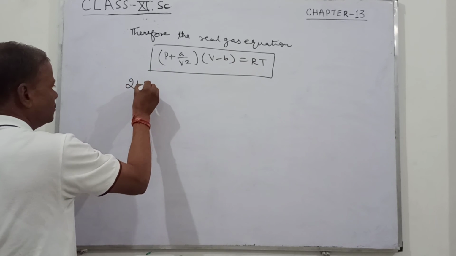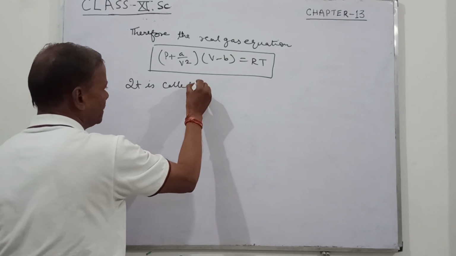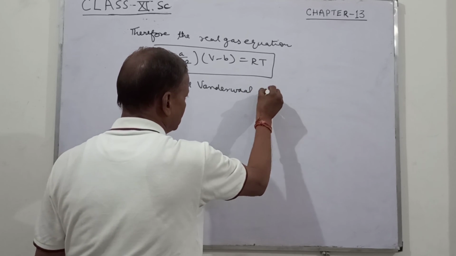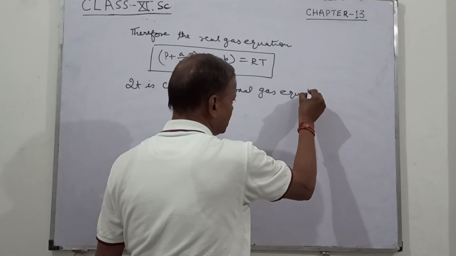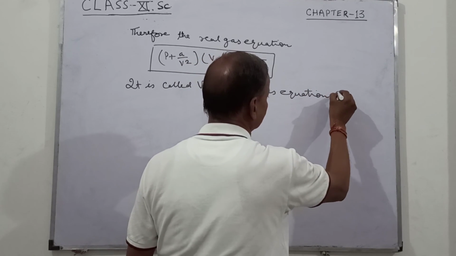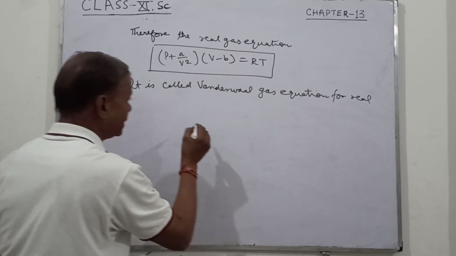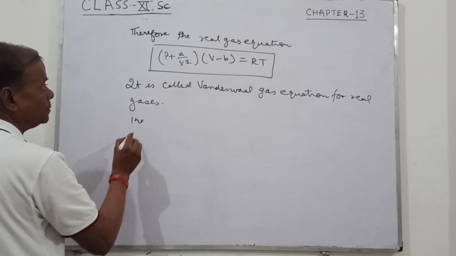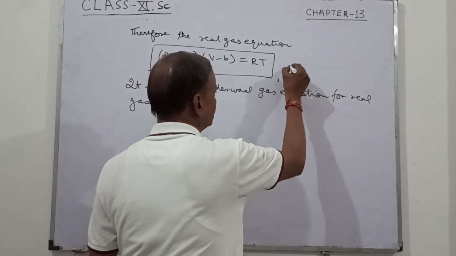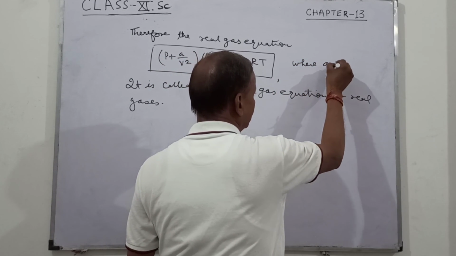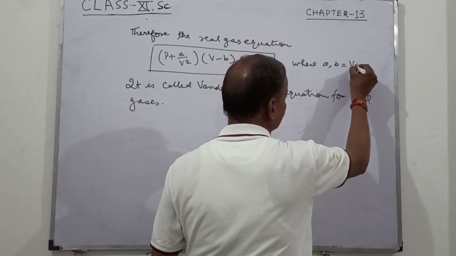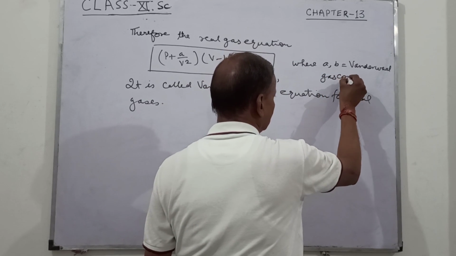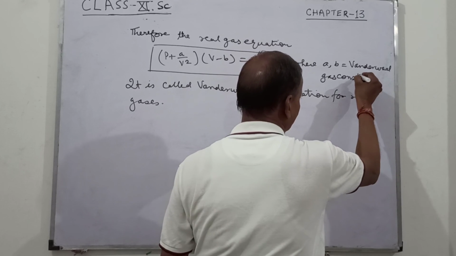It is called the Van der Waals gas equation for real gases, where a and b are Van der Waals gas constants.